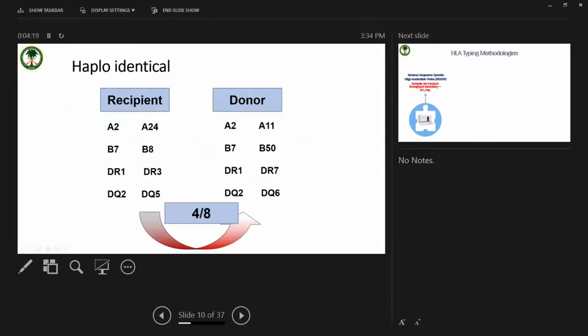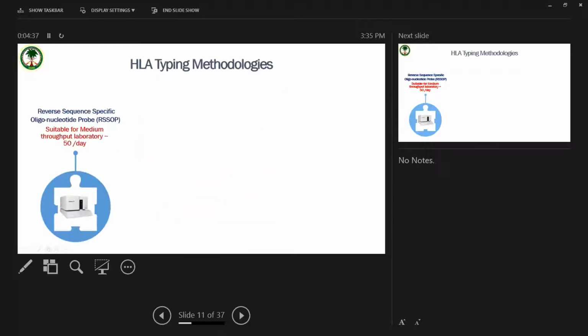Some of the transplant immunologists say haploidentical, and when we say haploidentical, we mean that it is 50% match, in which this example is 4 out of 8, as you can see in this slide.